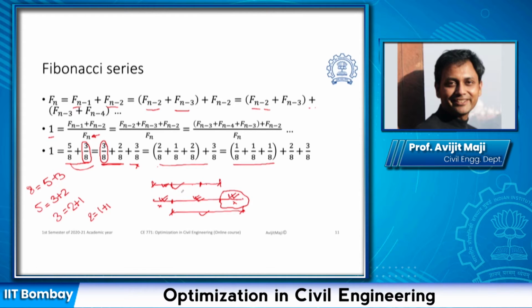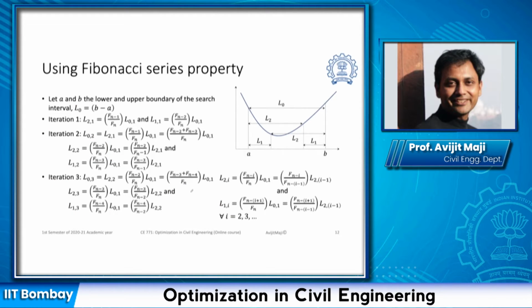So let's look into it in a better way in a general format. In this case, we have the lower bound and the upper bound, which is A and B. Then we are looking into the interval, which is the total distance between A and B, and then we are looking into the 2 Fibonacci number ratio to represent a point within this search space, which we are calling L2 in the first iteration and L1 in the first iteration.